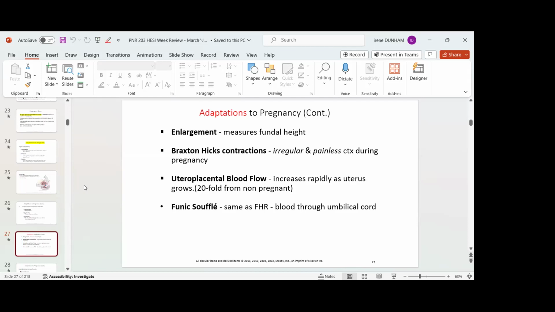Now, the uterine placental blood flow really is important, because when there is a deficiency in this, it can cause the fetal heart rate to go down. So you want the uterine placental flow to keep going well. It increases rapidly as the uterus grows. Remember, during pregnancy, a woman's blood supply increases by 40% up to even 50%.